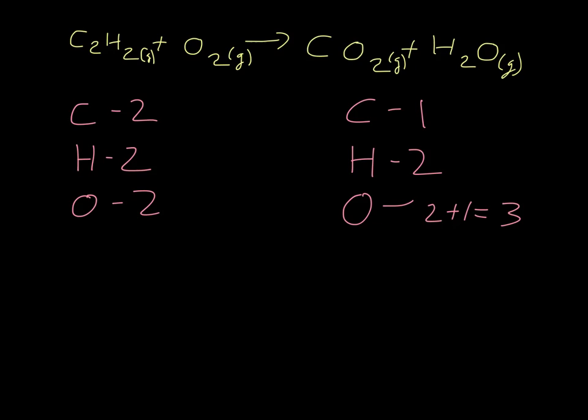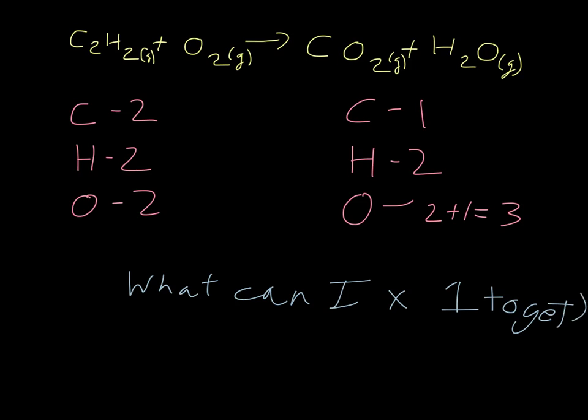So I have to ask myself, what can I multiply 1 by to get 2? Everybody get out your calculators. No, right? 1 times 2 is 2. So I need to multiply my carbons on this side of my equation by 2. So I place a 2 out in front of the compound that contains carbon, carbon dioxide.